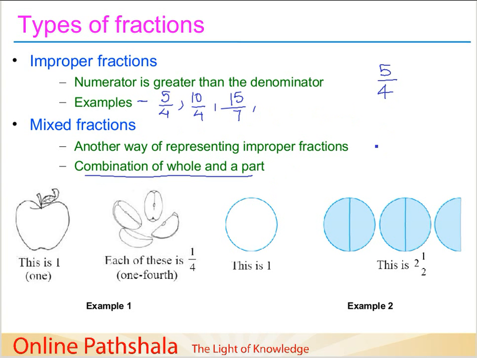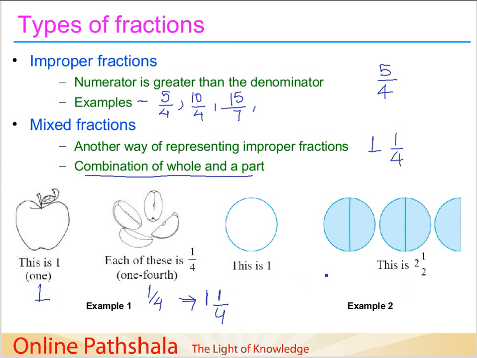The other friend said that we have 1 whole apple and a quarter of an apple. So essentially these are the same things. It is just that the representation is different. So here is the example. This is 1 part and this is 1/4. So I can represent this as 1 and 1/4. What it simply means is 1 apple and 1/4 of an apple.